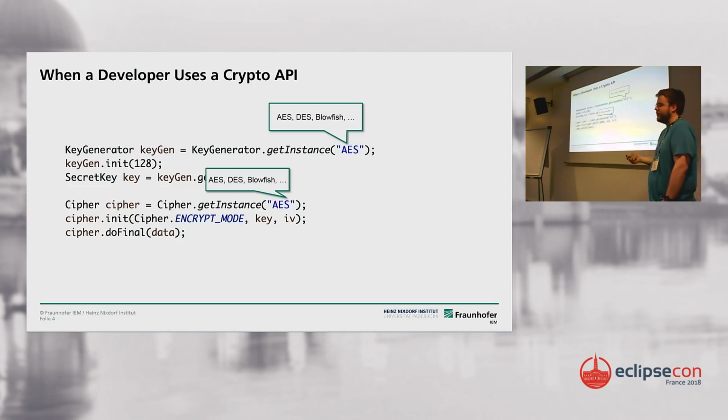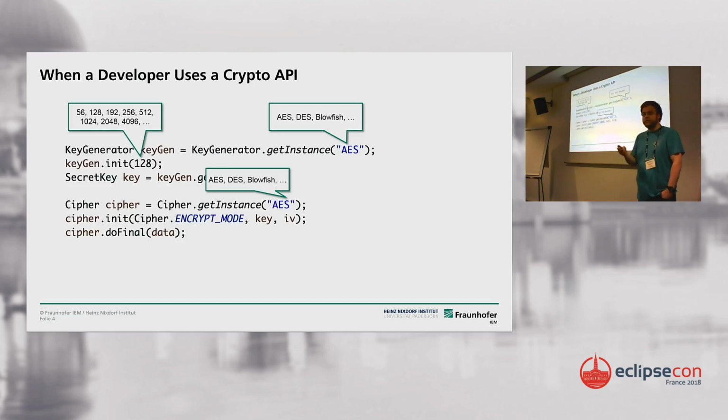So again, you not only have to know which algorithms are supported, you have to know which of those that are supported are secure to use in your specific context. And then we could go to another example, like here you have to select a supported key size, and depending on the algorithm that you select here, different key sizes are supported. Like for AES, that is 128, 192, and 256. But for other algorithms, these key sizes would be different.